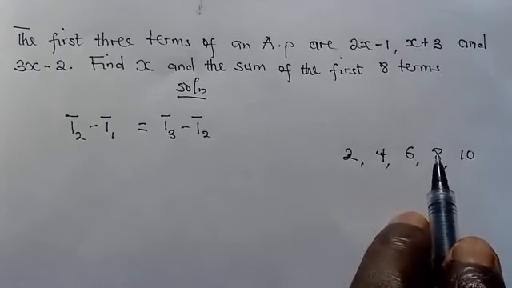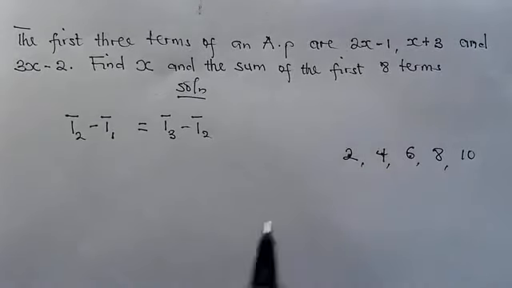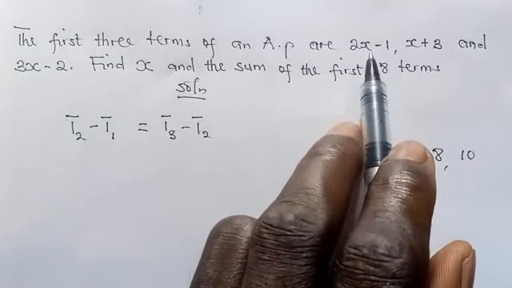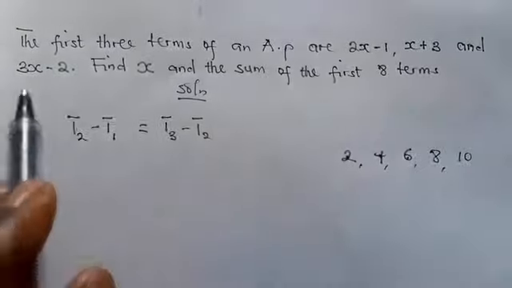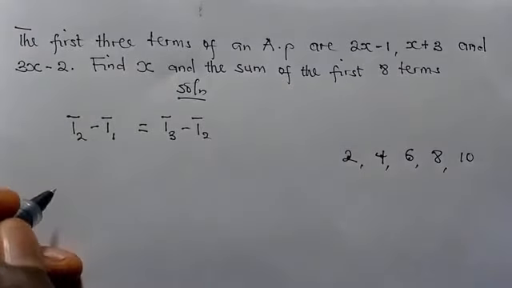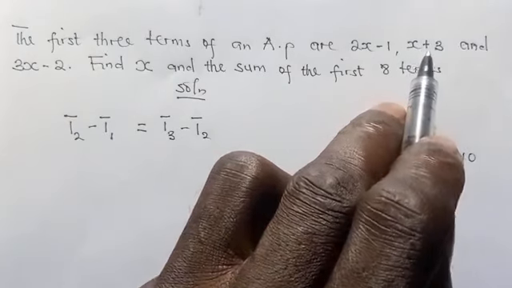The same thing, T4 minus T3 is going to give us 2, that is 8 minus 6. Similarly, second term here minus first term should also be equal to third term minus second term. That is the only way we can first of all get the value of x, by bringing that equation into play.